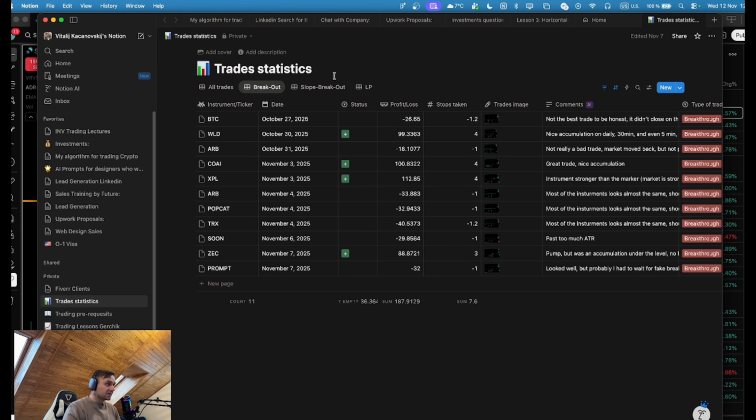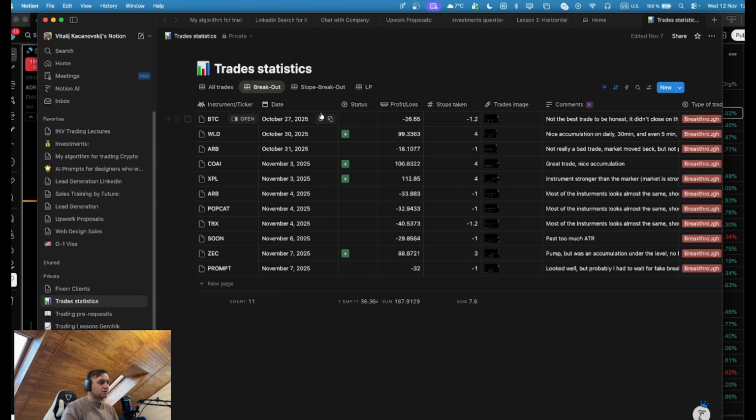It's statistics. As you see, I have only 4 profitable trades here, and overall we have 11 trades. And with only 4 trades, I have earned $187. The other thing statistics does is that you see all your mistakes and you can learn from them.